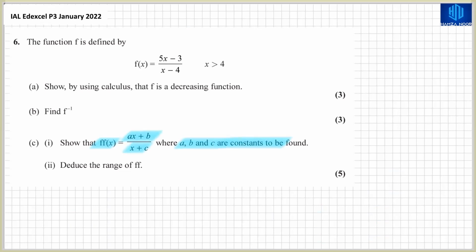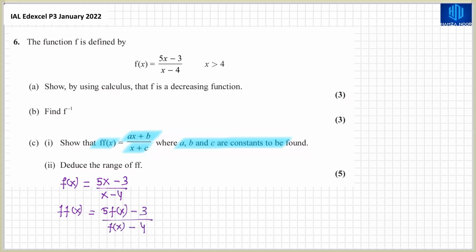All right. As we know, f x is equal to 5x minus 3 divided by x minus 4. So f of f x will be 5 times f x minus 3 divided by f x minus 4.